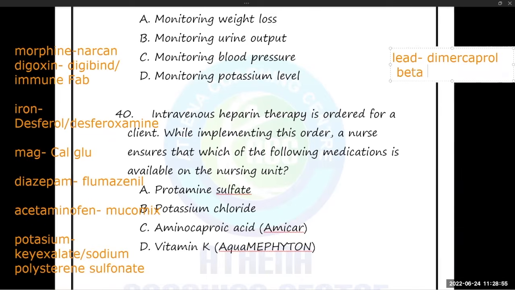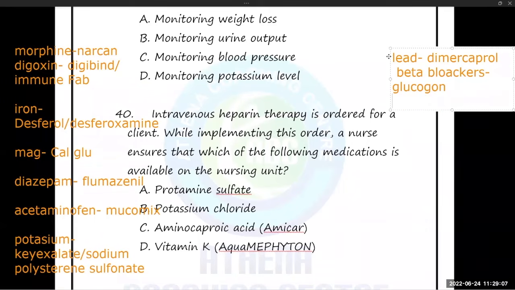Beta blockers. The antidote of beta blockers is glucagon. What is the antidote of mercury?